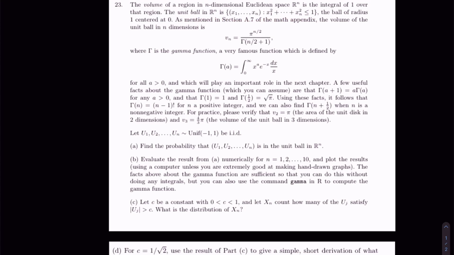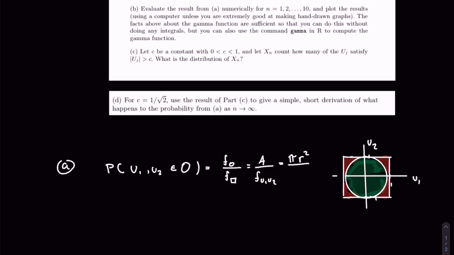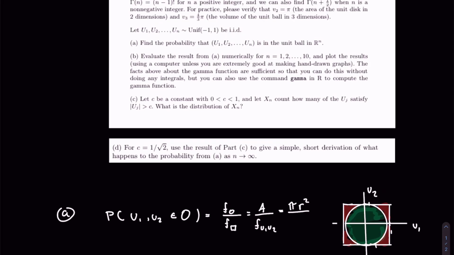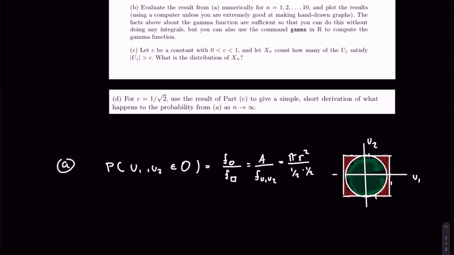It goes up to 1 in each direction. The joint density of u1, u2: they are independent, as given by this statement, so we can multiply the marginals, which is half each.